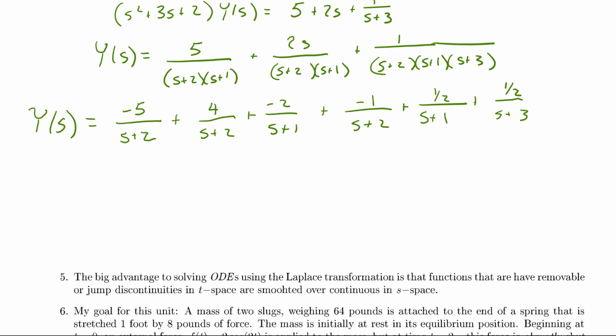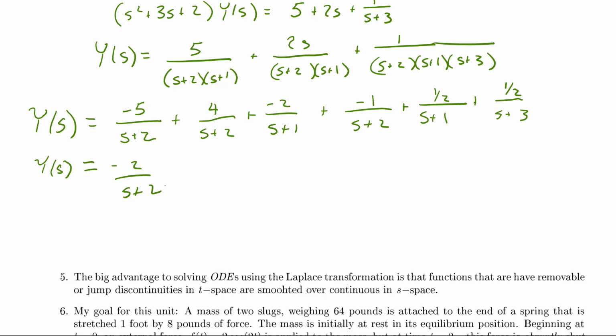Okay, so let's go ahead and combine all like terms here so we can minimize how many inverse transforms we have to do. So we get y sub s, and we've got 3 s plus 2 terms. If we combine them all together, I think we get negative 2 over s plus 2.